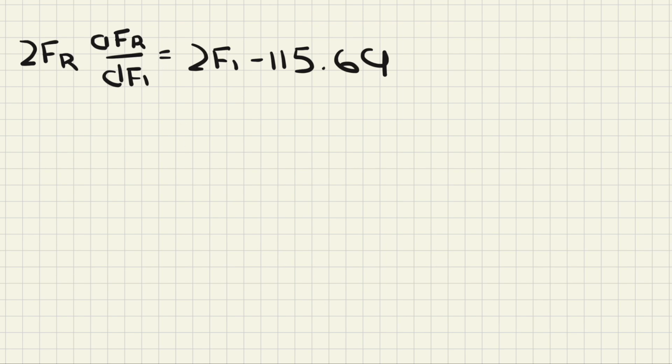And from here, to find our critical points, aka our minimum, we're just going to set this derivative, so this part right here, this needs to be set to 0. So we have 0 equals 2f1 minus 115.69.